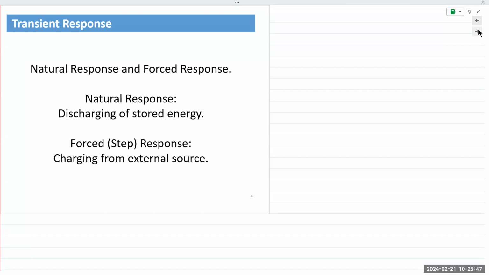And essentially, that's what you have done. Chapters 1, 2, and 3, we have a source, we connect it to a resistor, and the resistor voltage or resistor current is due to the application of the external voltage or current. And so a forced or a step response is basically you're applying an external input.